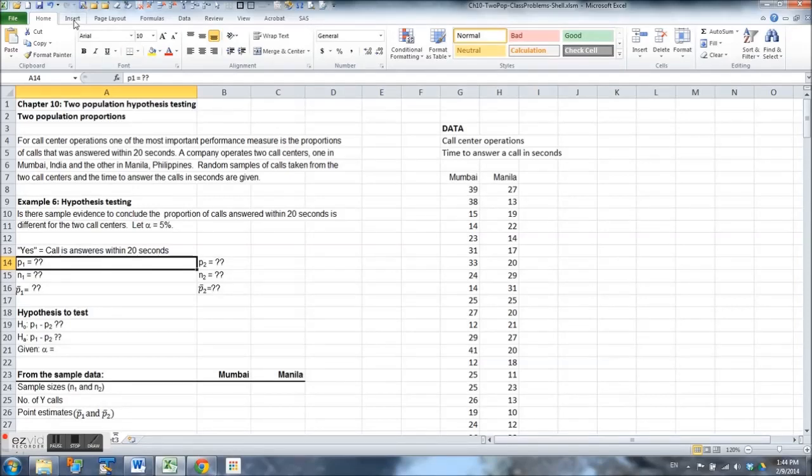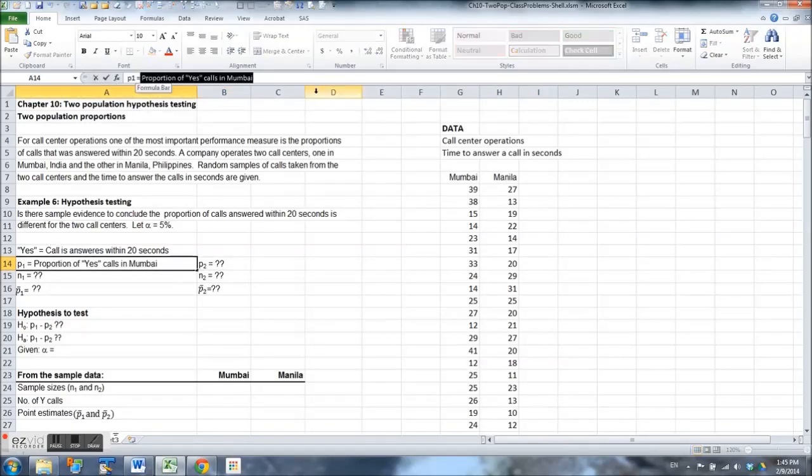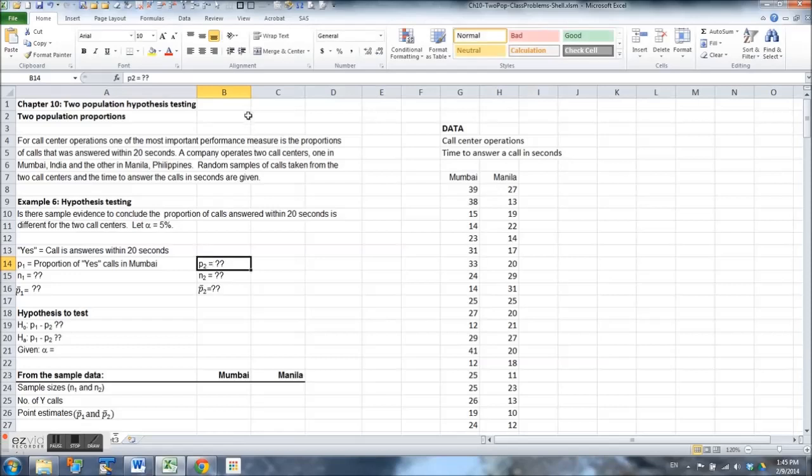So P sub 1 is the proportion of S calls in Mumbai. So P sub 2 then is the proportion of S calls for Manila.